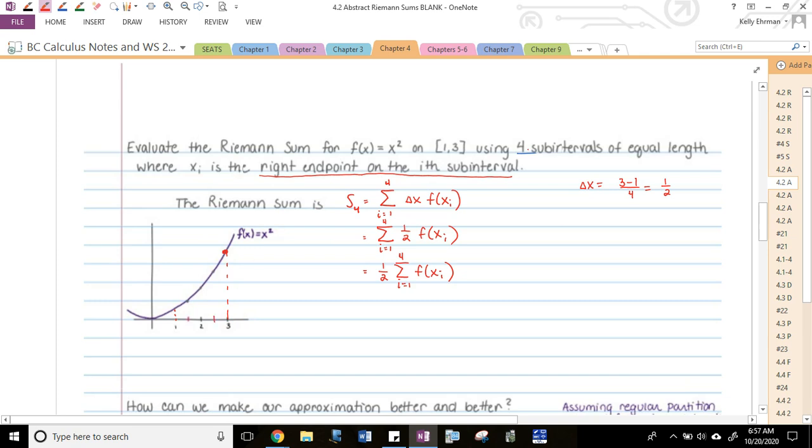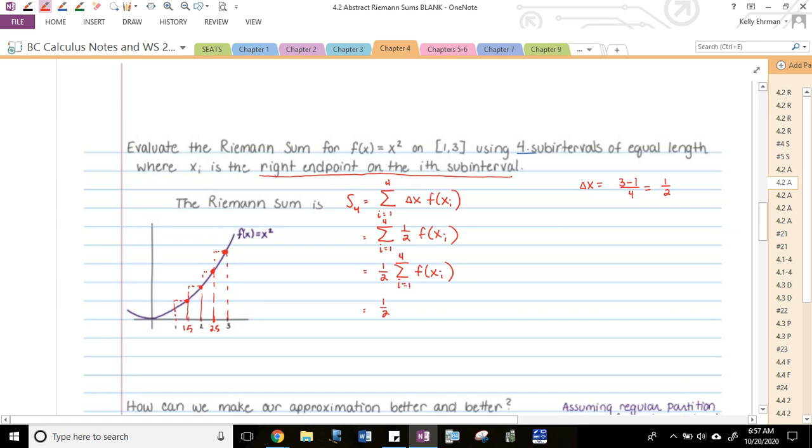And we said we were going to go every half unit. So we're going to connect from 3 over to 2.5, from 2.5 over to 2, from 2 over to 1.5, and finally 1.5 over to 1. All right, so that means that I'm going to have 1/2.